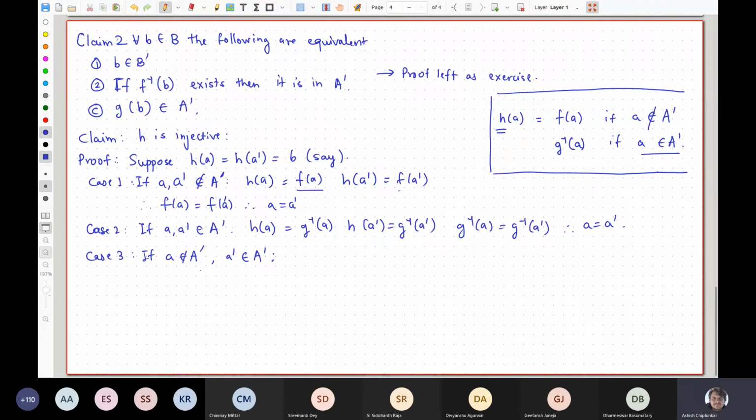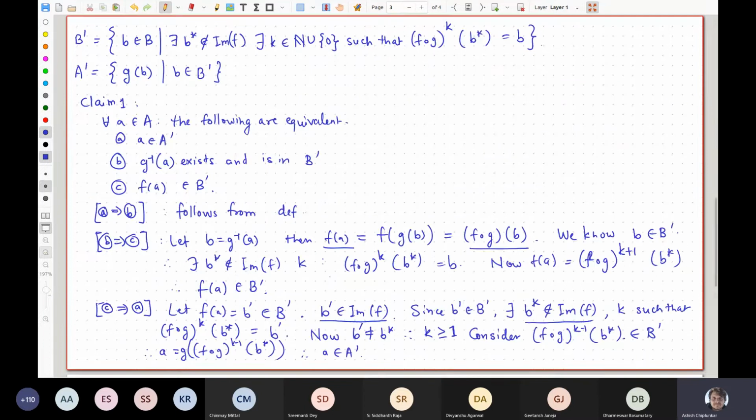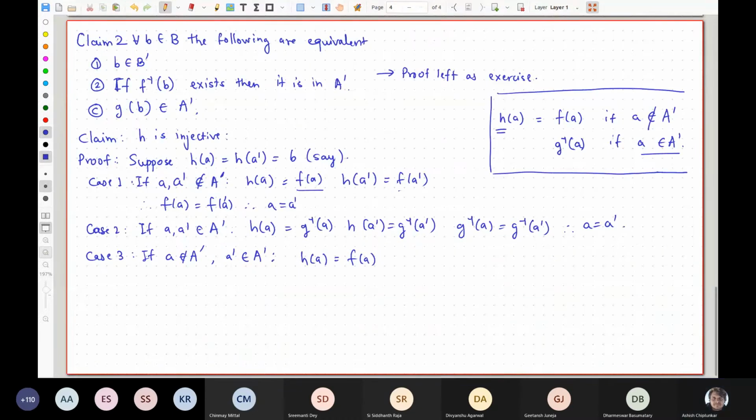So A is not in A prime, so therefore H of A is equal to F of A, right? So A is not in A prime, so F of A is not in B prime, right? Because all these three conditions are equivalent. So this is not in B prime, and this is by claim 1.